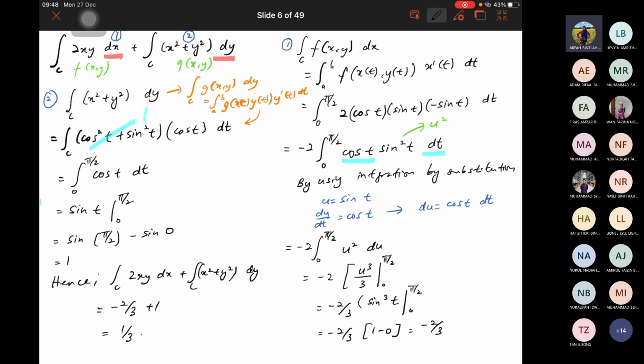Questions? In this chapter, in the subject Engineering Maths 2, you must remember all the integration rules, how you do the integration of trigonometric functions, because we deal a lot with such things.